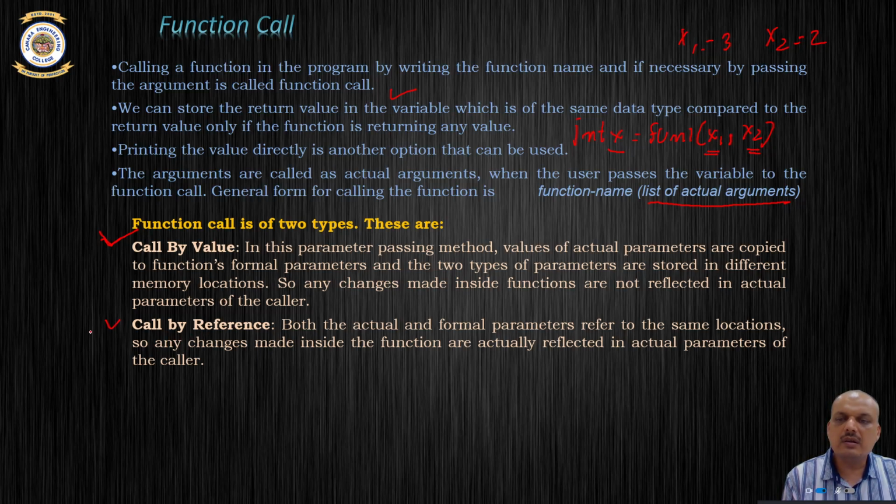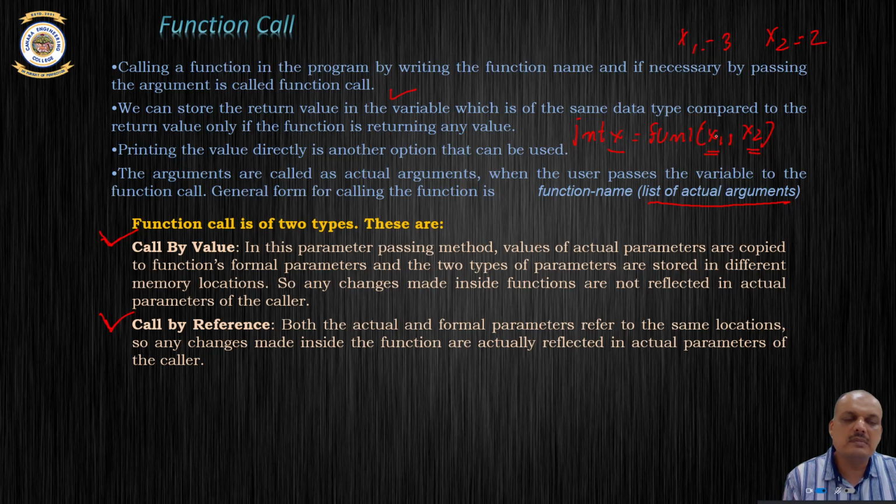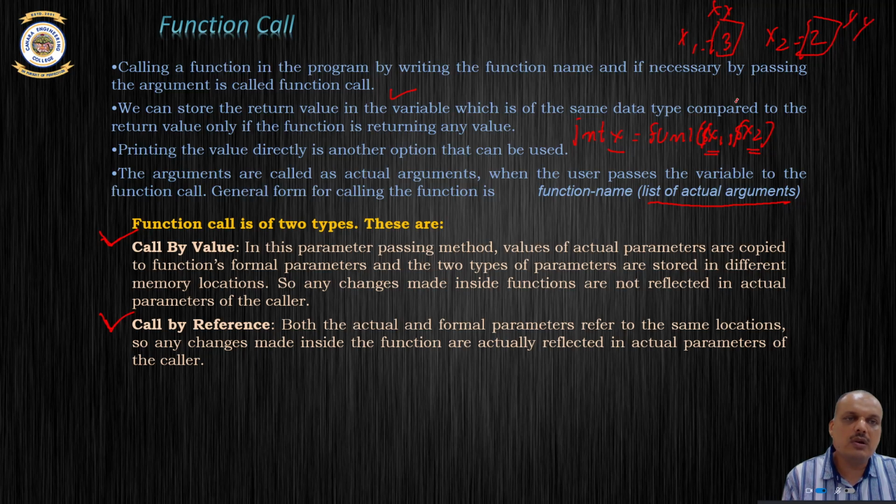You can obviously use call by reference as well. What is call by reference? Suppose you want to pass information to the function not in terms of its value, but the memory location where the value is stored. You can use the reference operator and pass on the address. Here the values are not passed directly, but what is passed is the address at which the value is stored. Say this value is stored at the address xx, and this value is stored at the address yy, and you do not want to pass 3 and 2 directly.